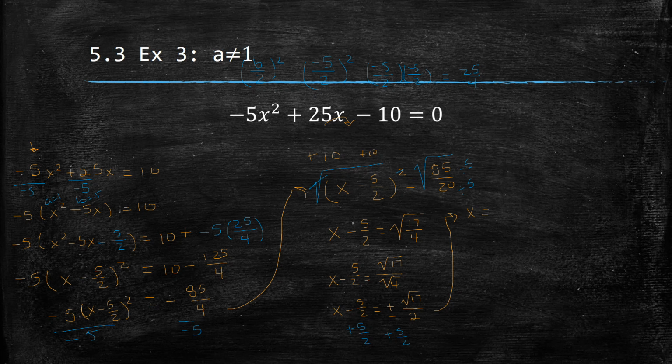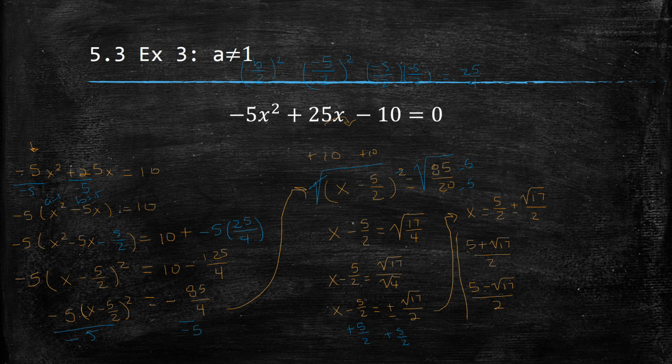So now we have x is equal to 5 over 2 plus or minus the square root of 17 over 2, which we can actually add here. They both have common denominators. So we have the positive side, which is 5 plus the square root of 17 over 2 and 5 minus the square root of 17 over 2.